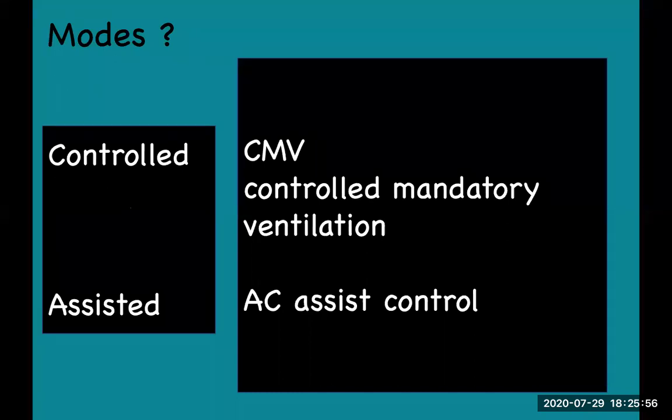Volume assist control is probably the easiest to set because you calculate the tidal volume that you want, and you put that into the machine. And if the patient is taking a breath, for example, when the muscle relaxant wears off, they will get an assisted breath. And if they are not breathing, they will get a controlled breath. But each breath will be identical, makes it much easier to set.